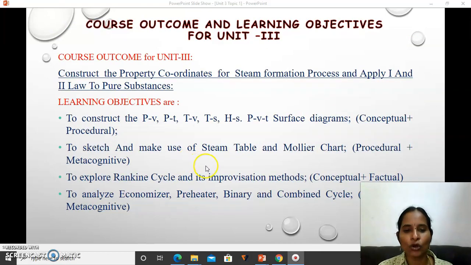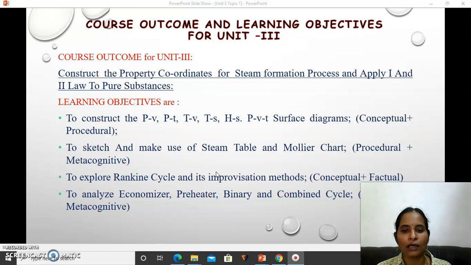And as I told in the first unit, we should know the purpose why we are studying this particular syllabus and the topics, and what is the outcome and how to achieve that outcome should be known to all the students, because then only can you effectively correlate the subtopics available in that unit to the topic.